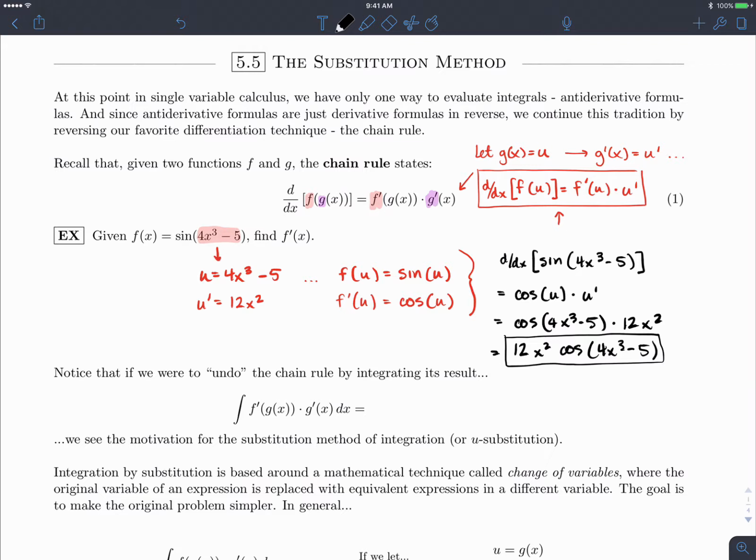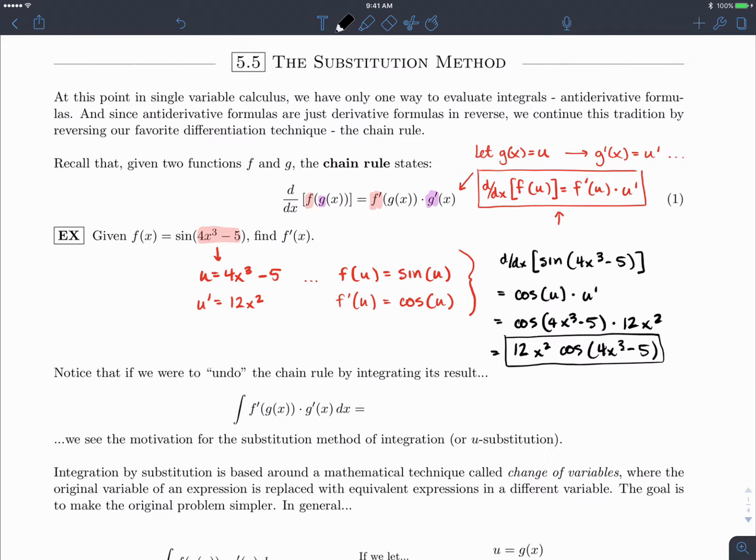So with this in mind, if we wanted to undo the chain rule, since integration and differentiation are almost like operations that undo each other, this would mean that the integral of f prime of g of x times g prime of x with respect to x is going to be the composite that we started with.